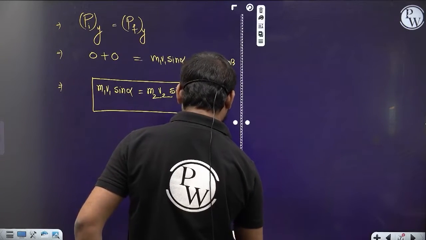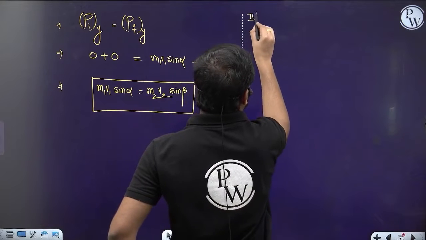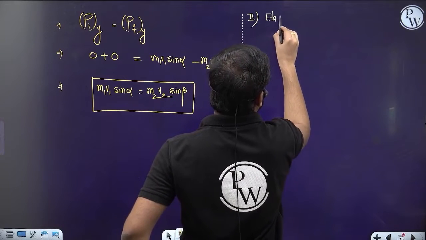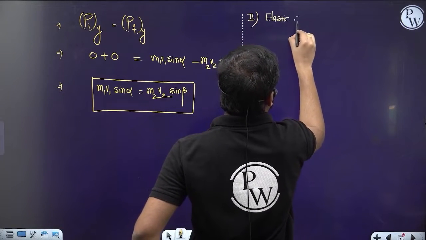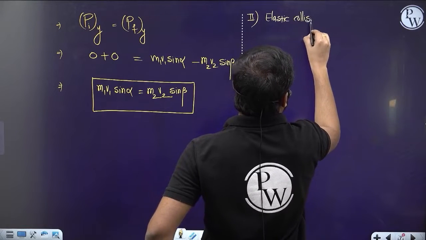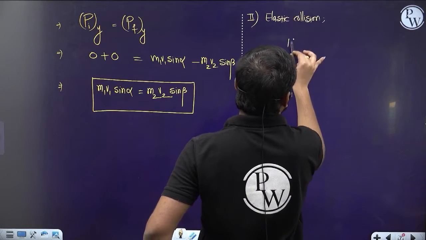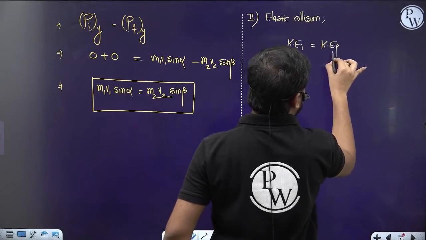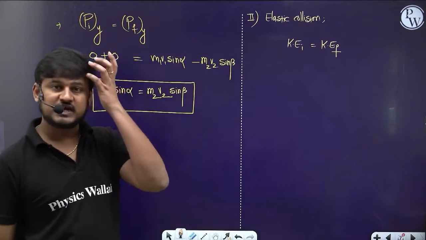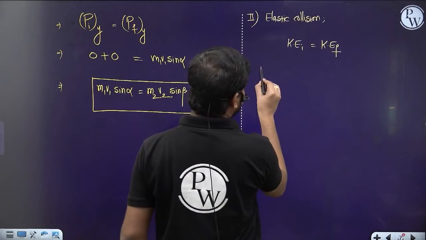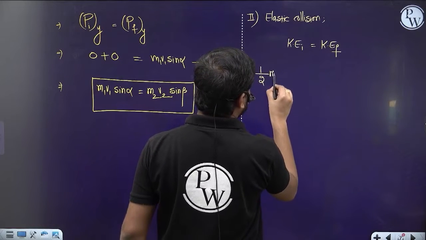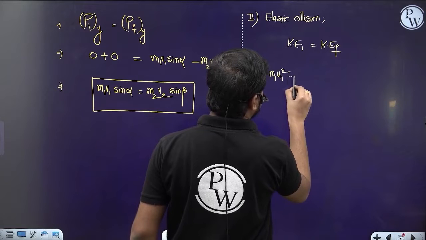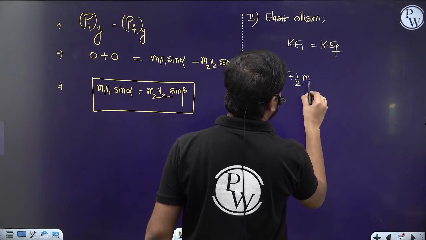the second thing for the elastic collision: the kinetic energy initial must be equal to the kinetic energy final. So what is the initial kinetic energy? Half m1 u1 square plus half m2 u2 square.